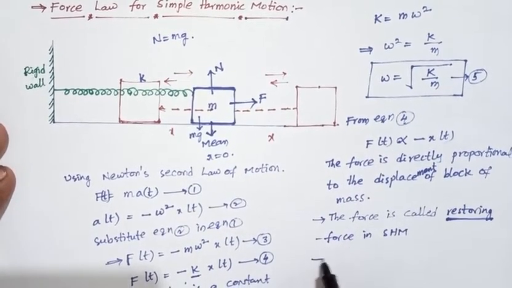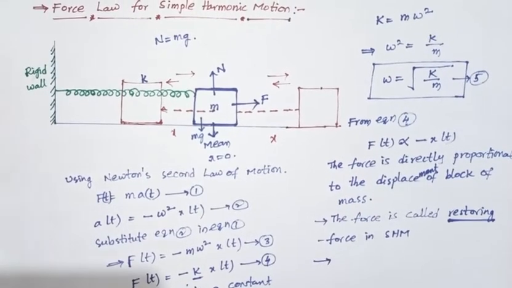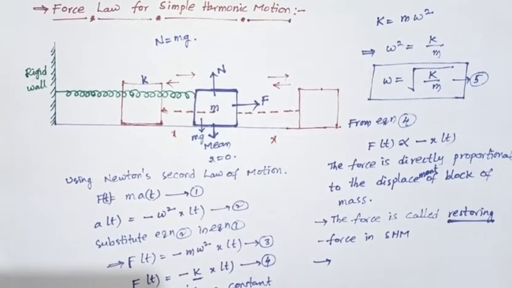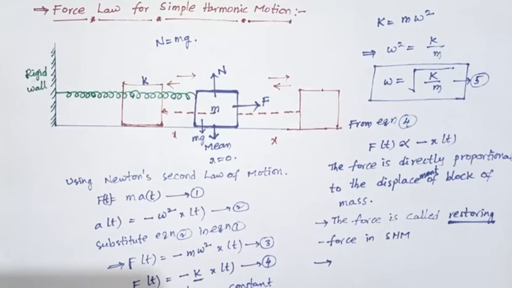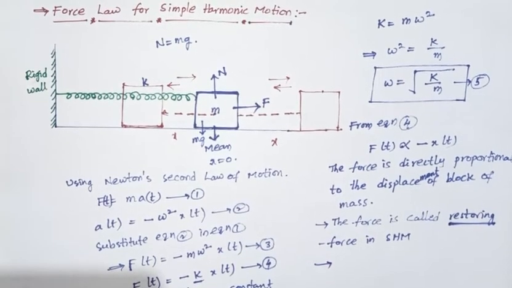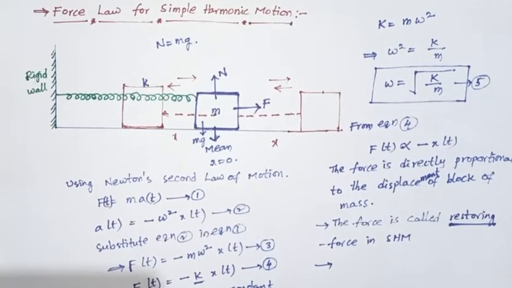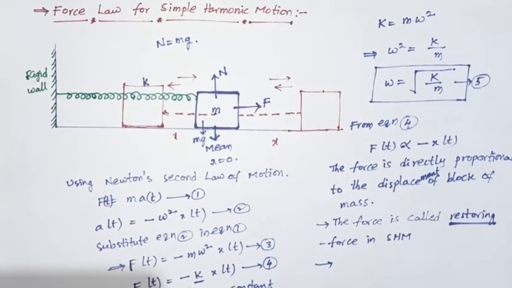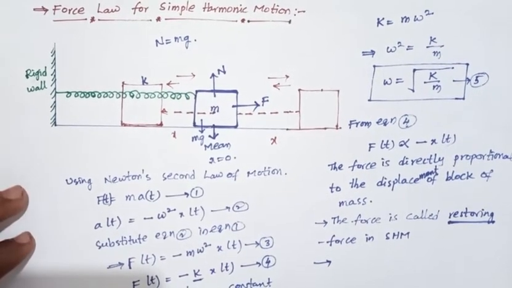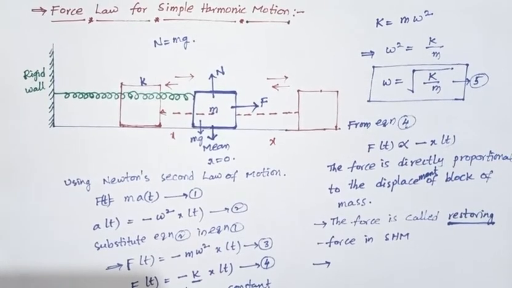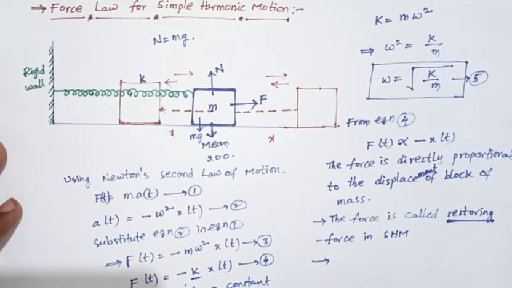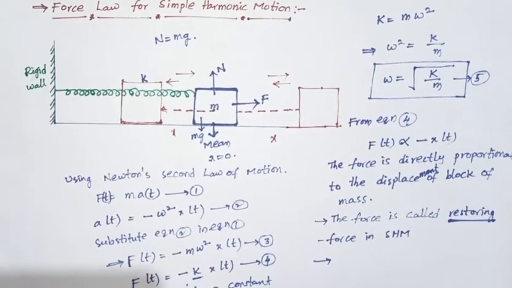And again, when the force is directly proportional to the displacement, a particle oscillates with such a force. Such a type of motion is called the linear harmonic oscillator.